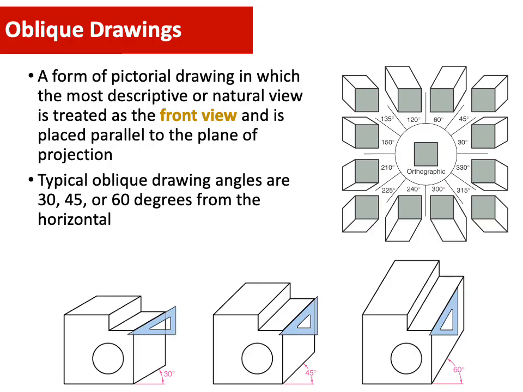Second for the 3D views is the oblique drawing. This is quite the simplest method for you to understand 3D views, in which a form of pictorial drawing has its natural view treated as the front view and placed parallel to the plane of projection.